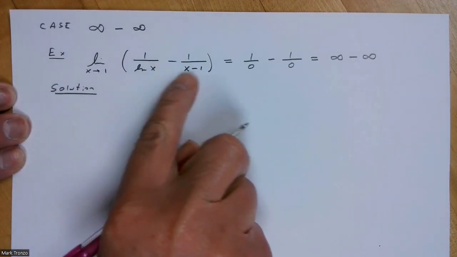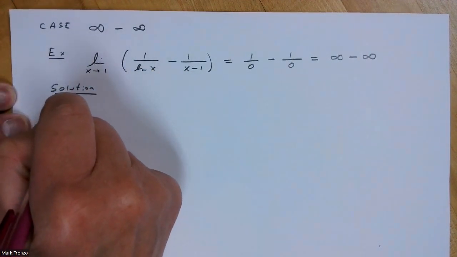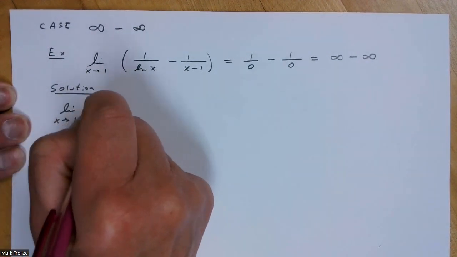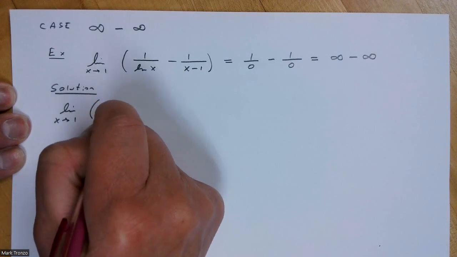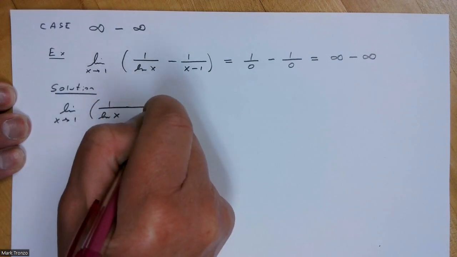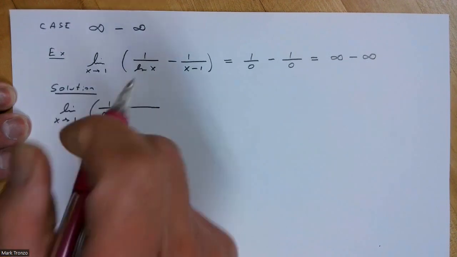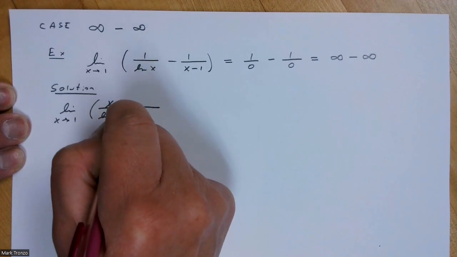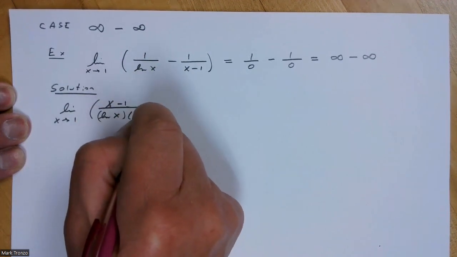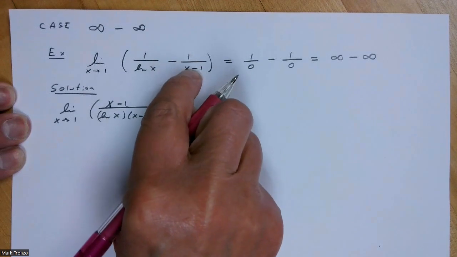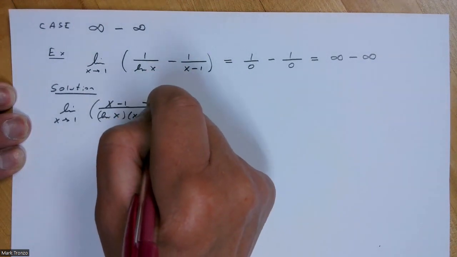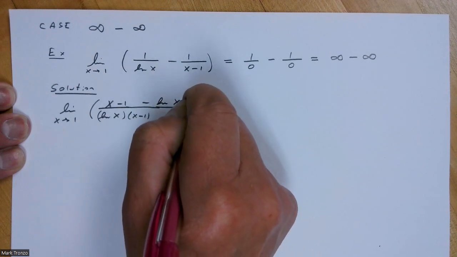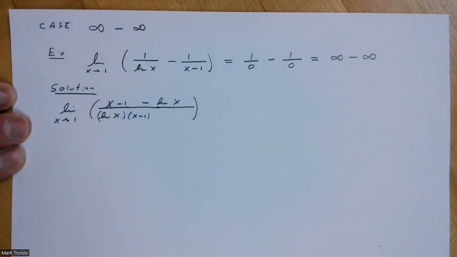So again, the best way usually to handle this is to find the common denominator. If we multiply this one by x minus 1 over x minus 1, and multiply this by log x over log x, we're going to get something like this.